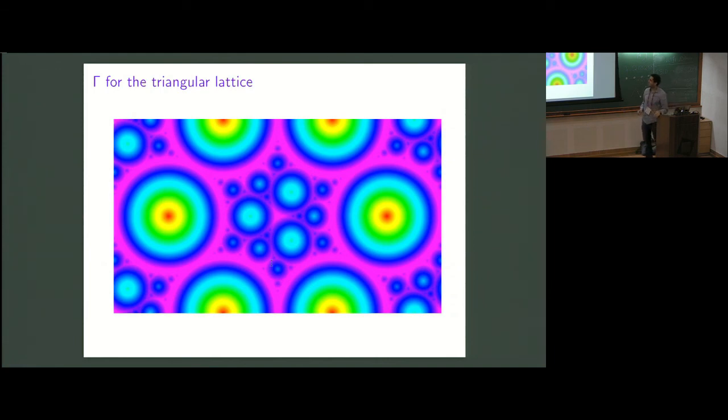The Apollonian packing had the nice feature that the minima of this function, little gamma, were all simultaneously attained on a single plane. So you had these cones, but there was one plane where they were all tangent. And in this triangular lattice picture, that's no longer the case. The cones intersect in space. They don't all come together in one plane.